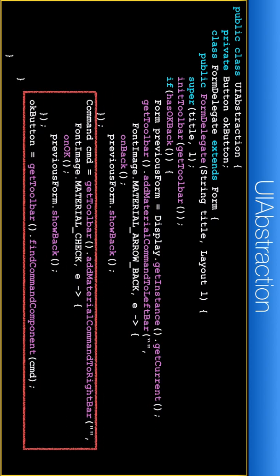OK is identical with two small differences. The first is the fact that onOK is invoked instead of onBack. The second is that we keep a reference to the OK button. We need that for the validation code, so validators can still disable the OK button if the input is invalid.